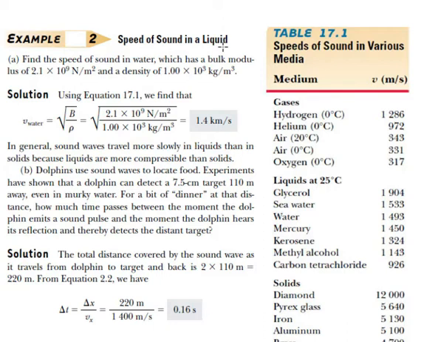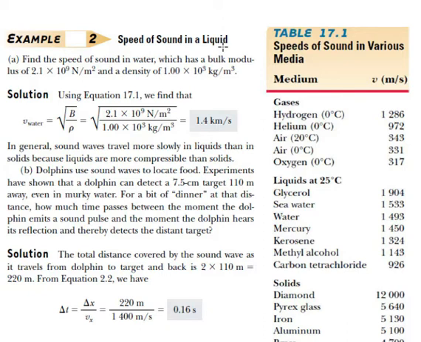Let us check. Find the speed of sound in water, which has a bulk modulus of 2.1 times 10 to the power 9 Newton per square meter. This is B. And its density rho is 1 times 10 to the power 3 kilogram per meter cube, or 1000 kilogram per cubic meter.